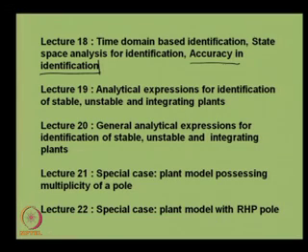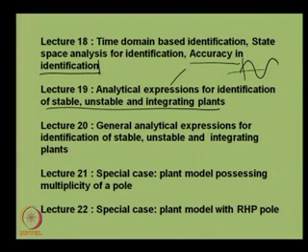Now, lecture 19 will be analytical expressions for identification of stable, unstable and integrating plants. The analytical expressions will be based on the shape of the output of the plant, which is subjected to a relay feedback. As we have seen earlier, the output will be mostly a symmetrical periodic output with certain peak amplitude and period.